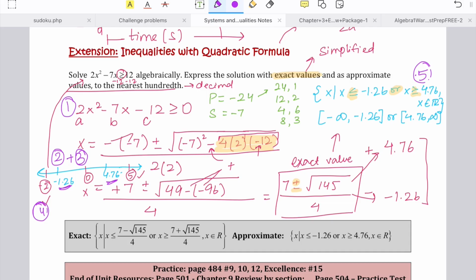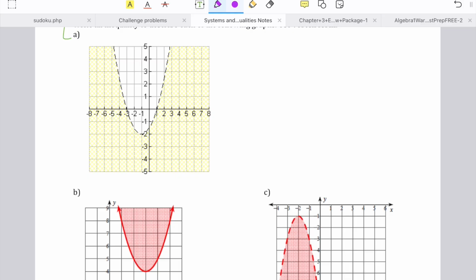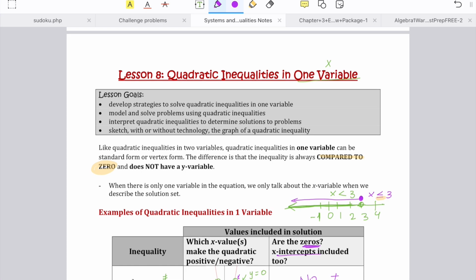However, when you look at your previous lesson, when we had two variables, you'll have both x and y points included in the shaded region, right? Like 2,1 will be a point, so the y value over here will be 1, right? So just remember that.